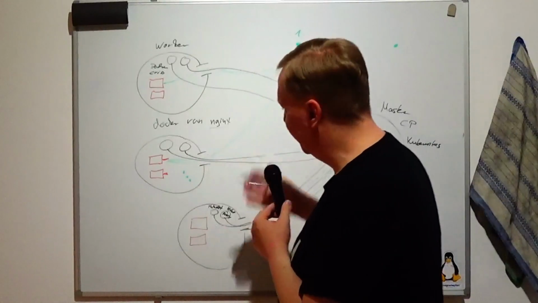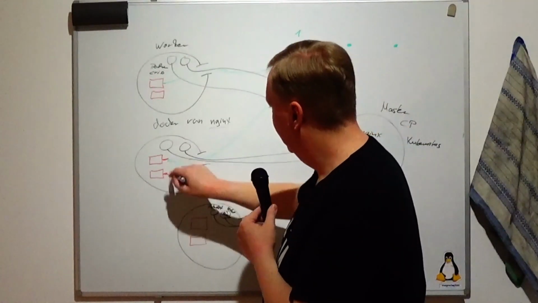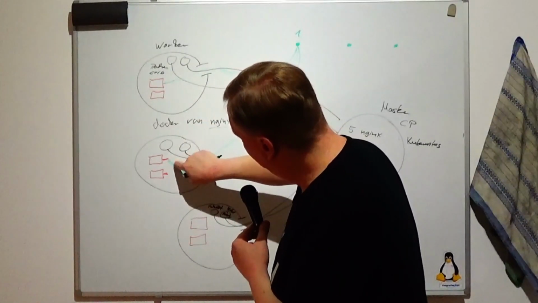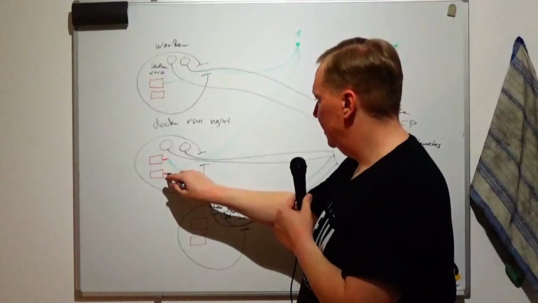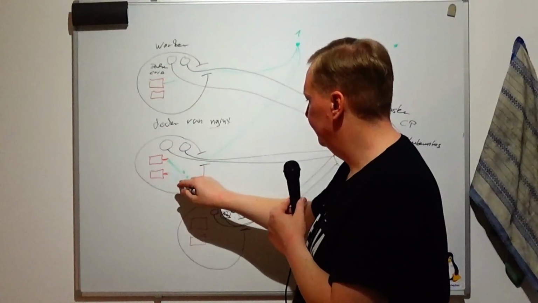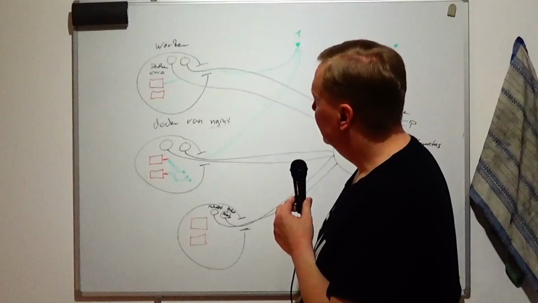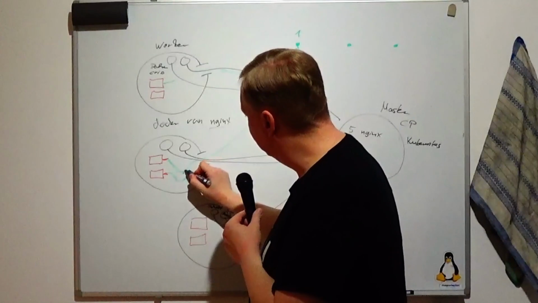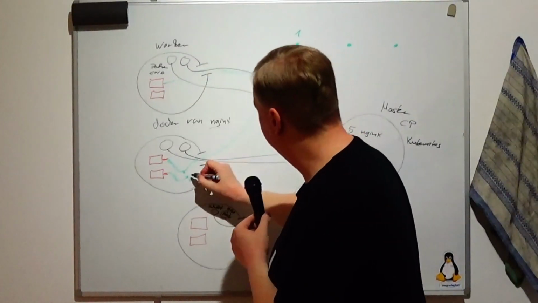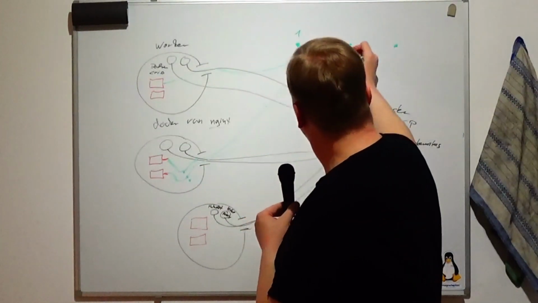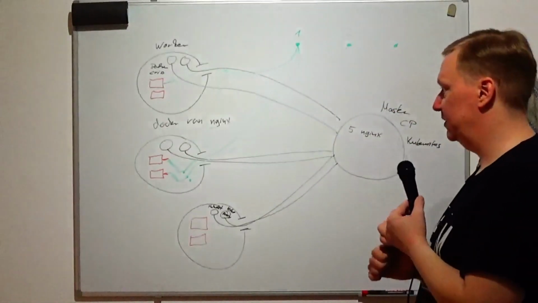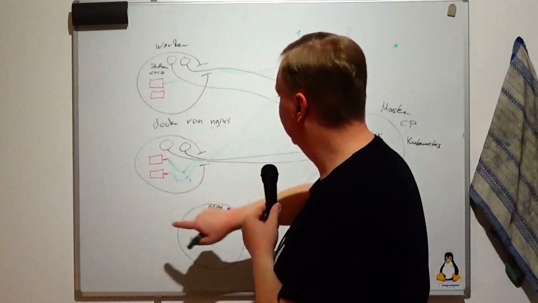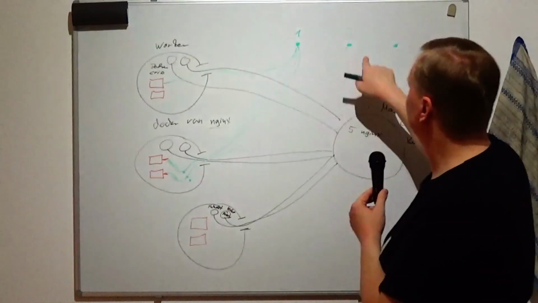So then you can connect your containers to separate virtual interfaces, and then you can connect these virtual interfaces to separate VPNs. Okay, so then this container might not be able to communicate with this container because they are in separate VPNs.